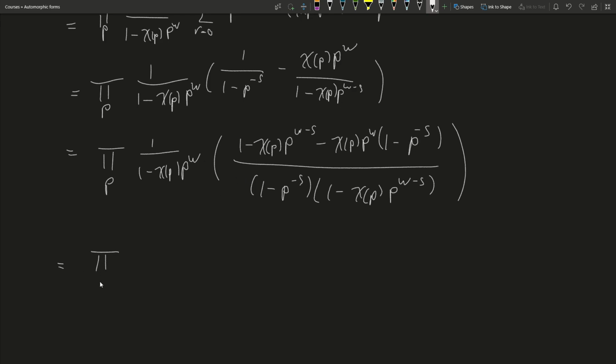So we have a product over primes, 1 over 1 minus chi p to the w, and then, right? This is a minus chi p to the w minus s, and this is a plus chi p to the w minus s. So these two terms go away, and we get a 1 minus chi p to the w over our denominator 1 minus p to the minus s times 1 minus chi p to the w minus s.